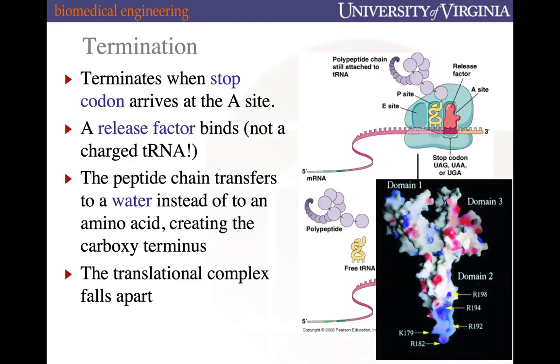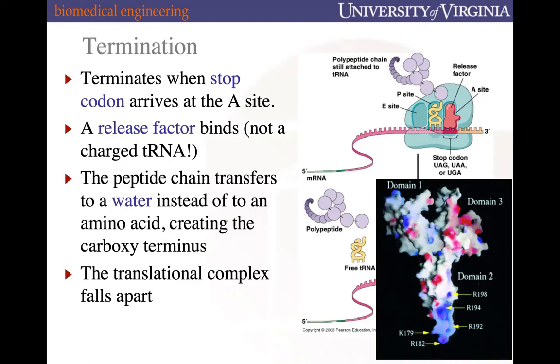Each time, the growing peptide chain sits in the P site and is passed over to the new transfer RNA with its single amino acid. But then the entire ribosome will shift after elongation factor G, the GTP with elongation factor G, shifts the entire thing down. And now that peptide on a transfer RNA is sitting in the P site in the middle.